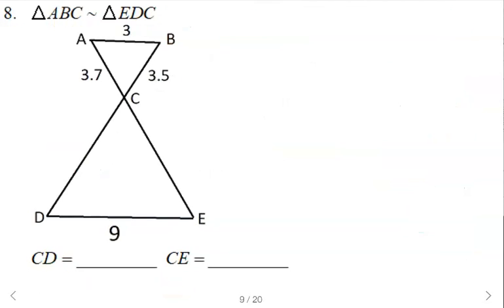All right, these triangles are similar. And so let's look at two sides that match up. AB and DE match up. So as you go from the smaller to the bigger, you multiply by 3. 3 times 3 is 9. So following that same scale factor, I'm looking for CD here.